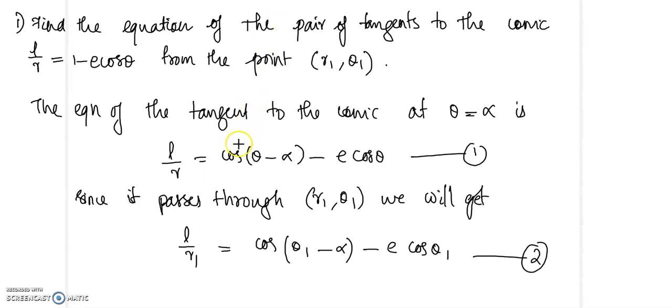From equation 1 I can write L by R plus e cos theta equal to cos theta minus alpha. Similarly, L by R1 plus e cos theta 1 equal to cos theta 1 minus alpha.